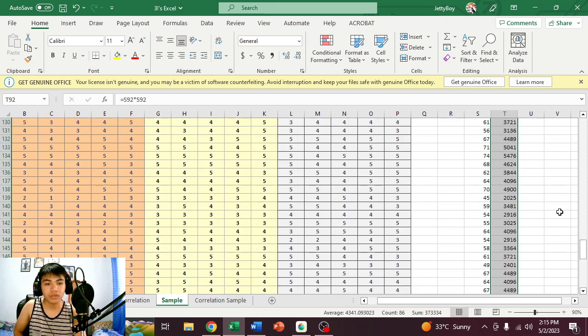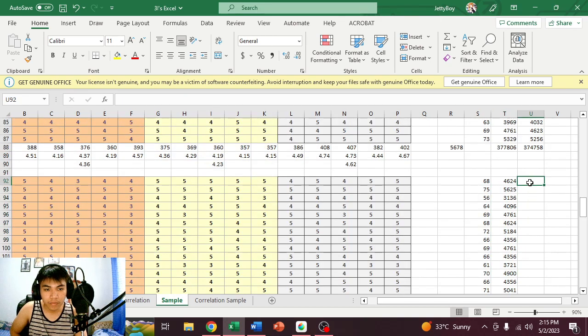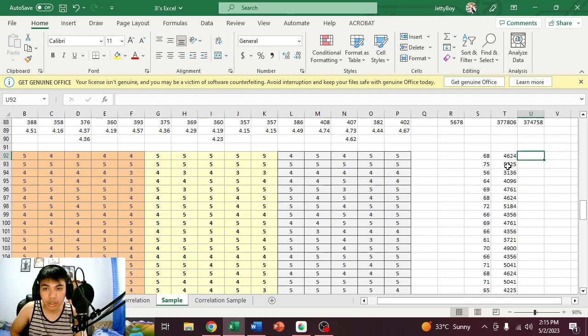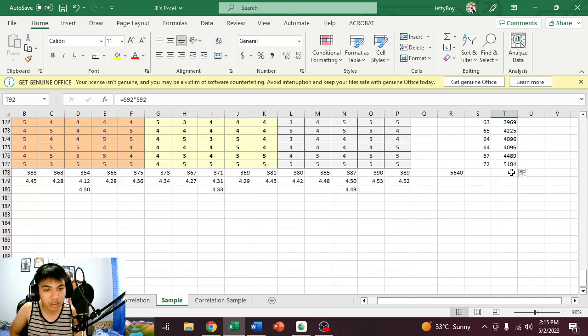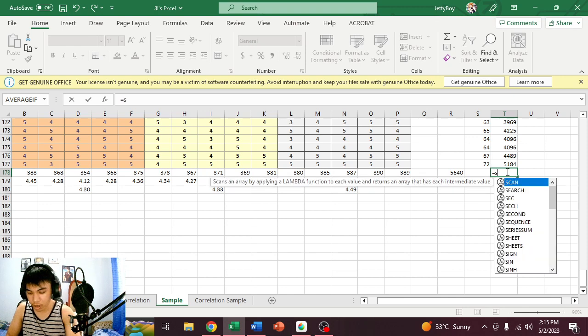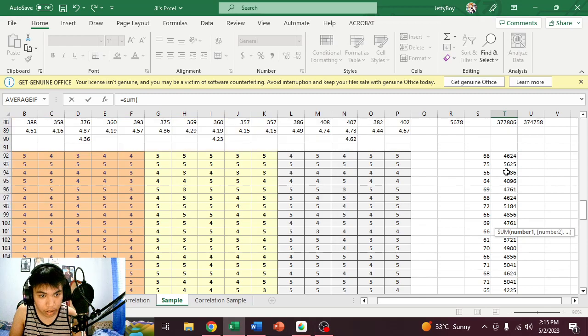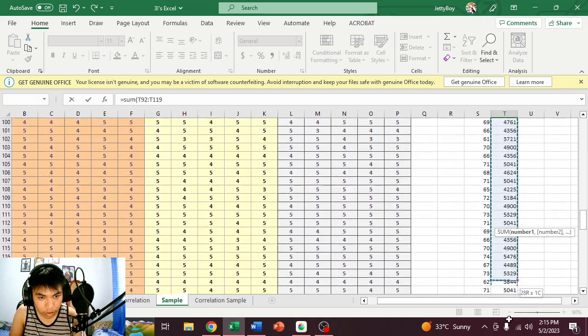Okay. See? There's much less hassle. It really makes things easier. And now we want to get the sum of this. This will be the summation of y squared. Sum parentheses. Let's get all of these.